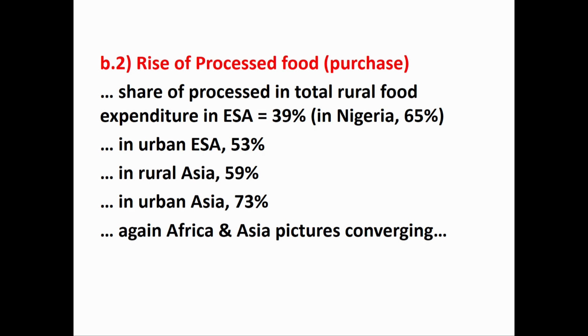And so what you find is that as you go from rural Africa to urban Africa to rural Asia to urban Asia, you find a continuum of change that's a moving average over time. And then urban Asia is very similar in its characteristics of consumption to the United States. Okay, so in terms of shares of processed food and diversification.